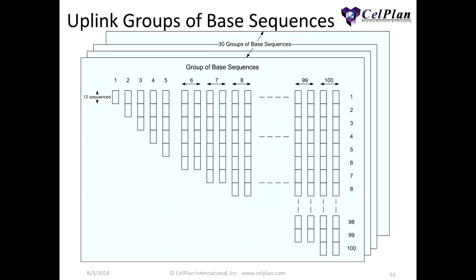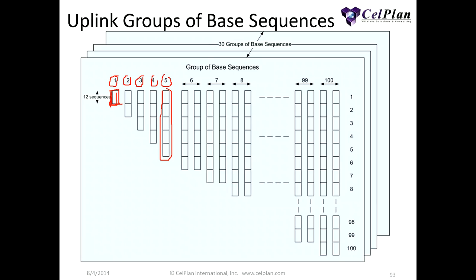But here I illustrated it basically. You see, there are sequences for one resource block, for 2 resource blocks, for 3, for 4, and for 5 resource blocks. This is a sequence of 12, excuse me, not 12 sequences.